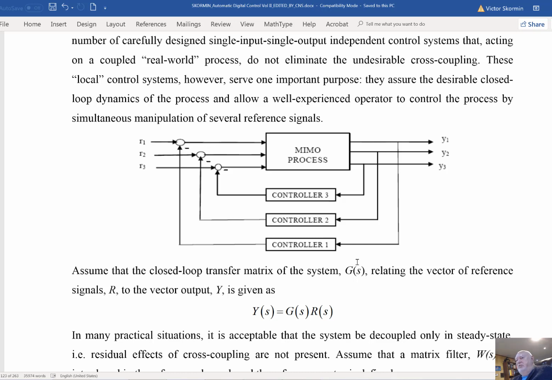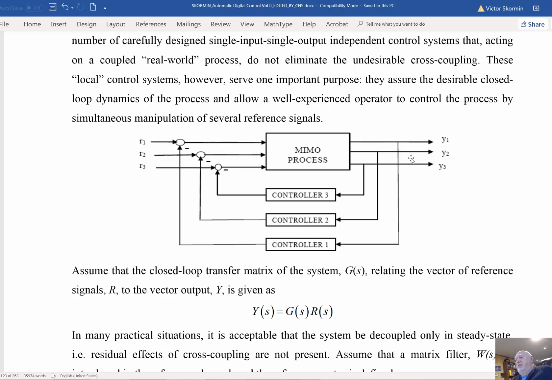So let me tell you this. If I apply a unit step at the input R1, you will surely see responses in the outputs Y1 and Y2 and Y3. However, because of controller 1, probably Y1 would reach the required value equal to the reference.